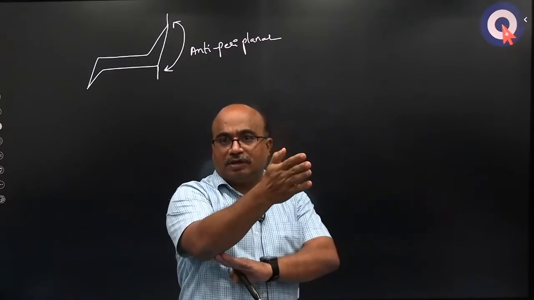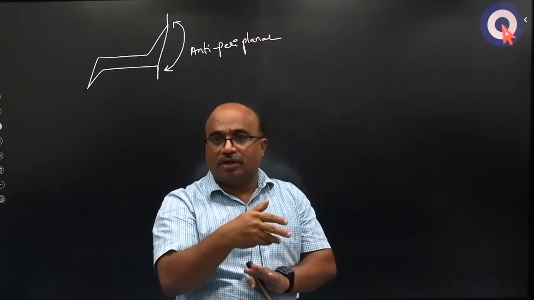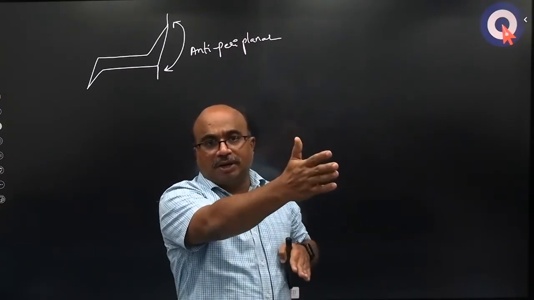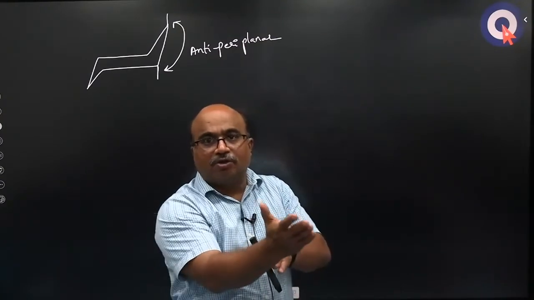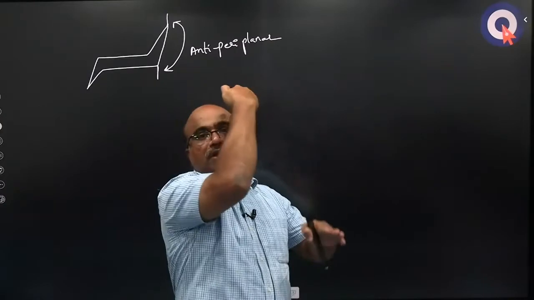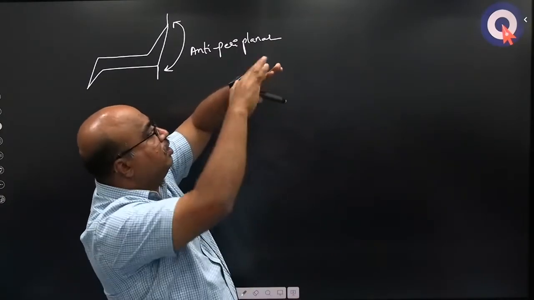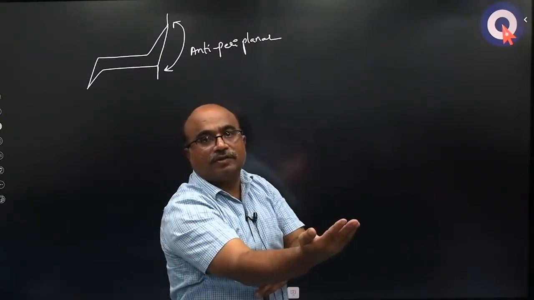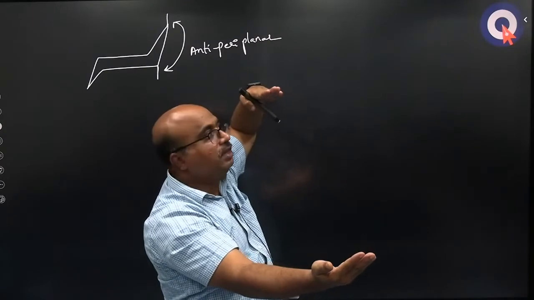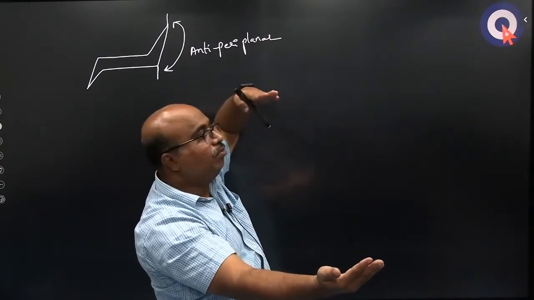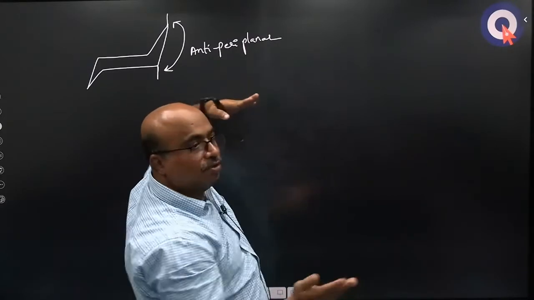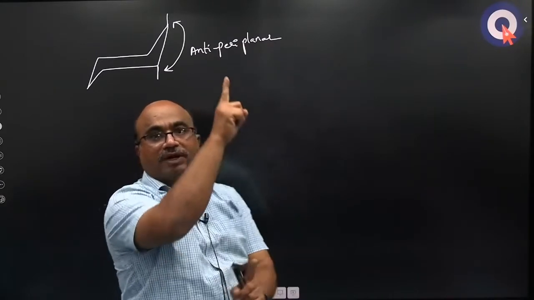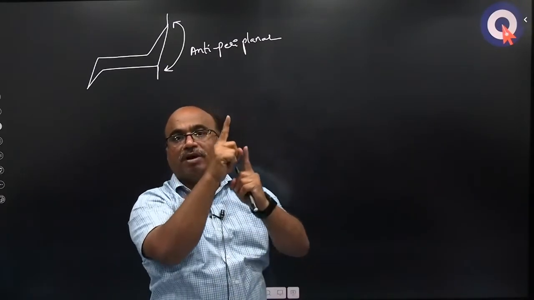Even if it is an equatorial position, it may be above and below, but they are not completely anti-periplanar, because at one carbon the group is like this, and at the other carbon it exists like this. So both are not completely in the same plane; one moves downwards, one moves upwards. So these orbitals are not in the same plane, but if it is diaxial, they can form a pi bond easily.